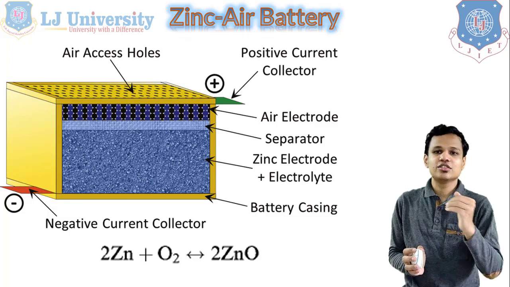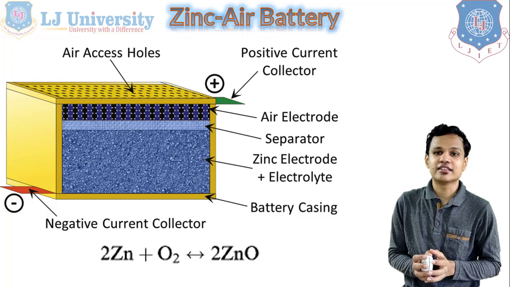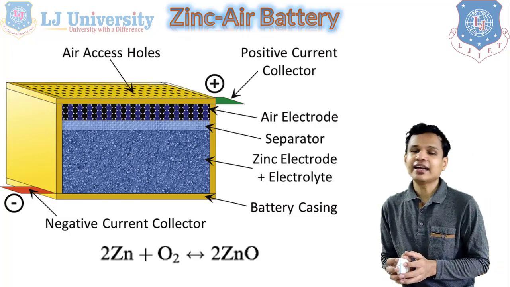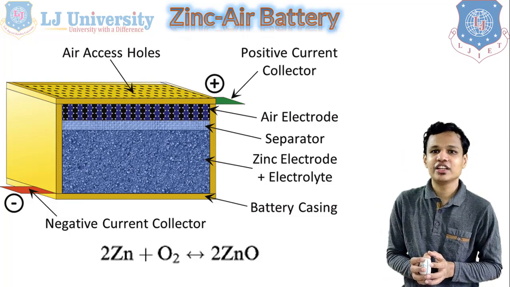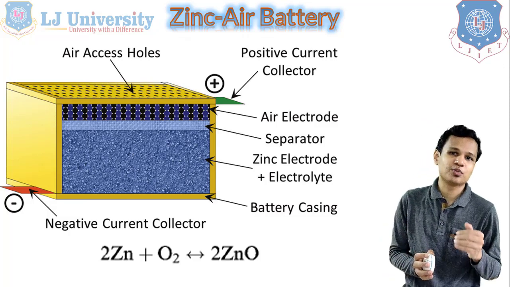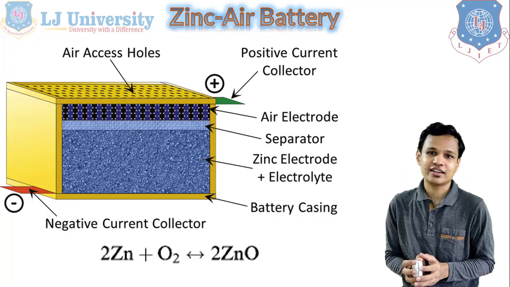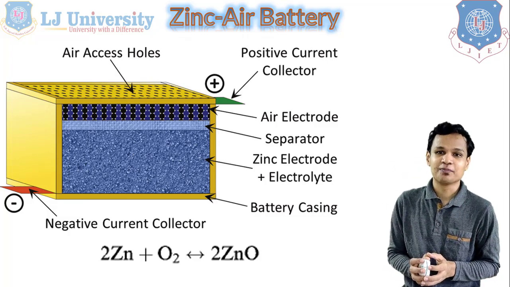So air is used as a positive electrode and zinc is used as a negative electrode, and the electrolyte will again be the same, that is aqueous KOH, potassium hydroxide, or we can also use a saline water in this case as well.